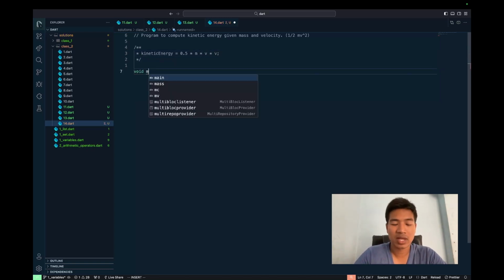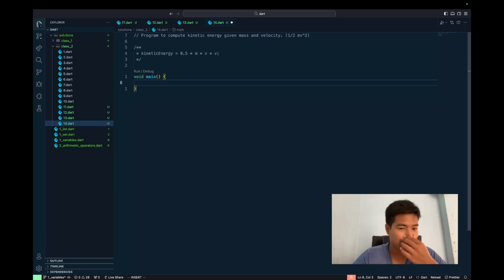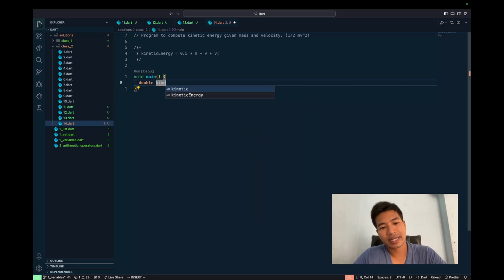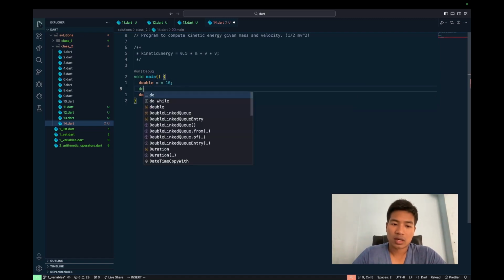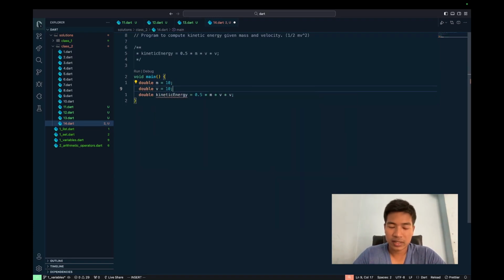Write the program with m and v as variables, and compute the kinetic energy from the formula. So simple.